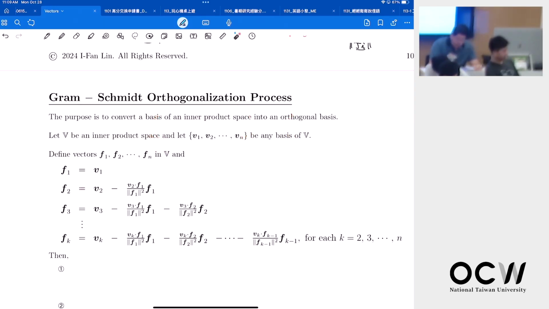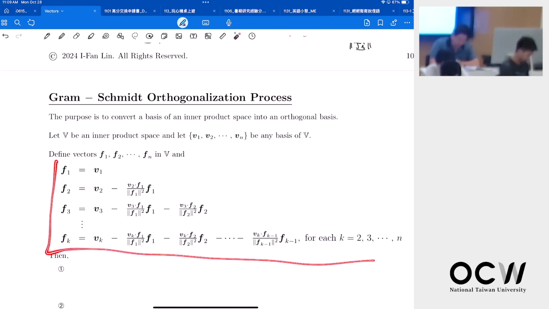Suppose I have a basis V1 to Vn, and I want to convert that to an orthogonal basis. Here is the formula.